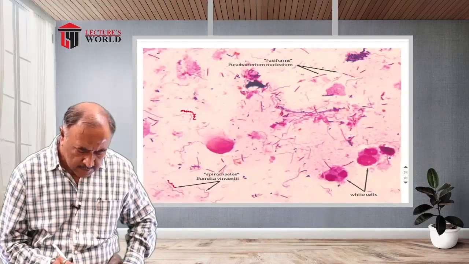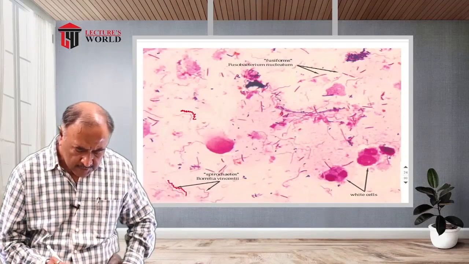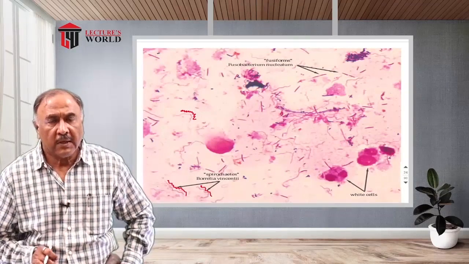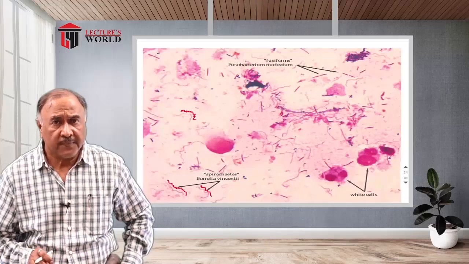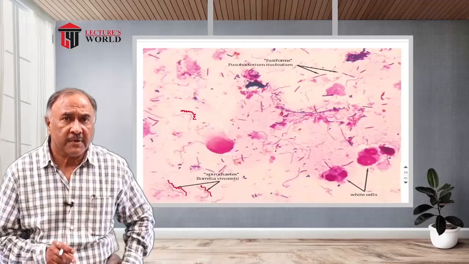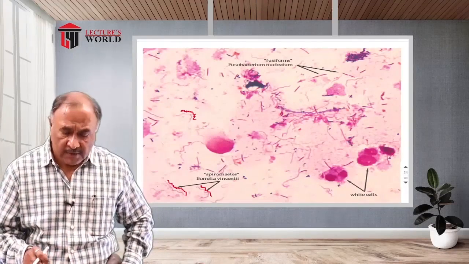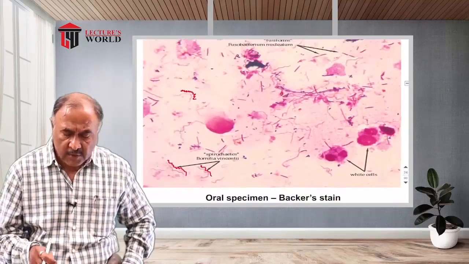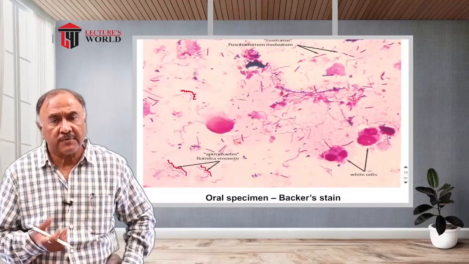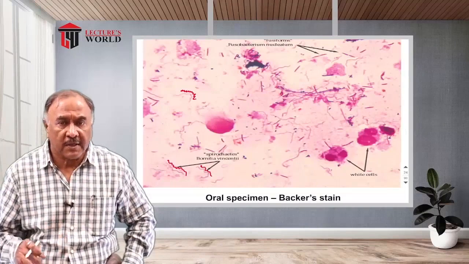This is the spiral one. So, the staining method used here is not a gram staining. Spirochetes are too delicate to be stained by ordinary gram staining procedures. So, it has to be either a Baker staining technique, as you can see here, or another staining technique which we discussed very long back, that is Fontana staining method.